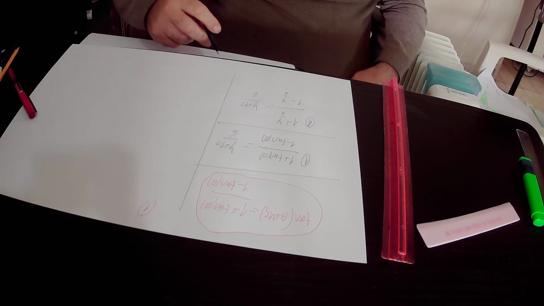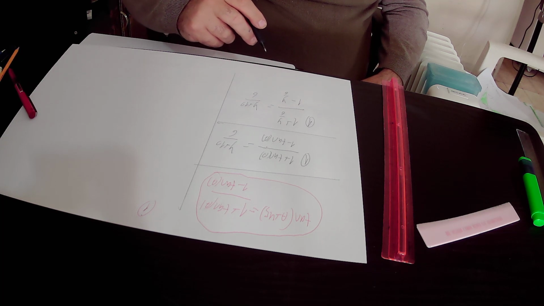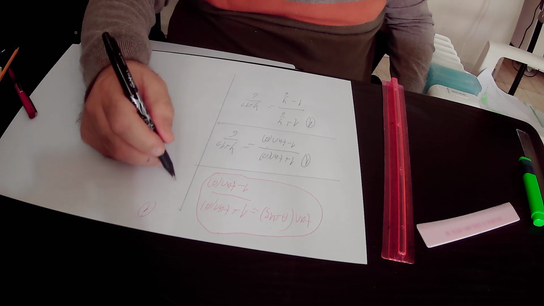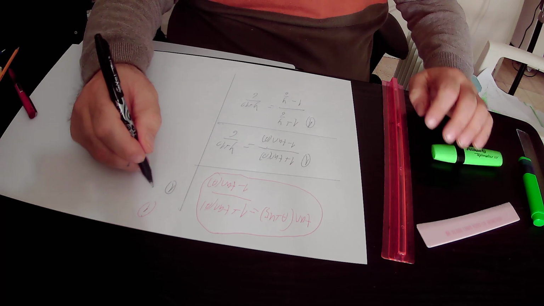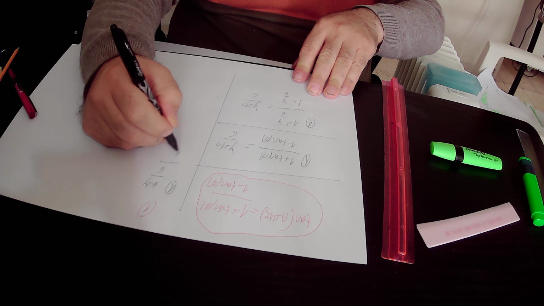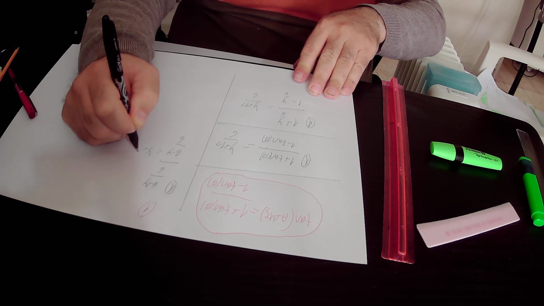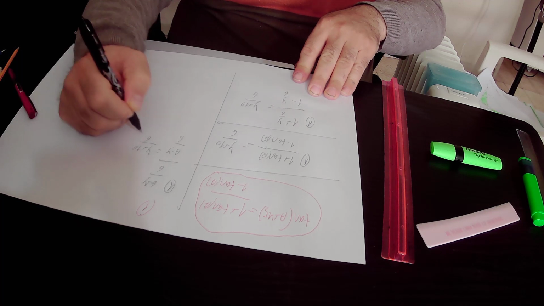Here we will multiply 1 by 6, and then divide by 6 in order to get a common factor with y over 6 and minus y over 6, and we will get that according to equation number 1, 6 plus y over 6 over 6 minus y over 6 equals y plus 10 over 6.